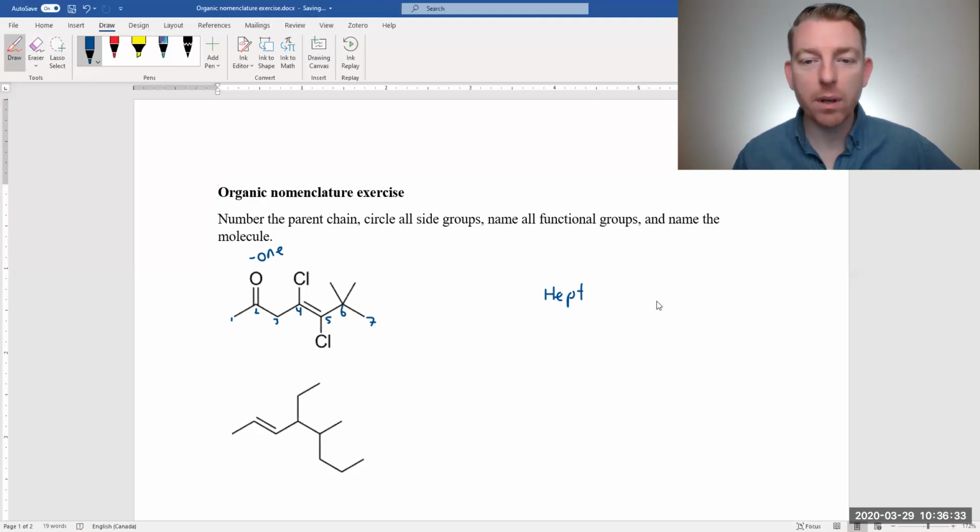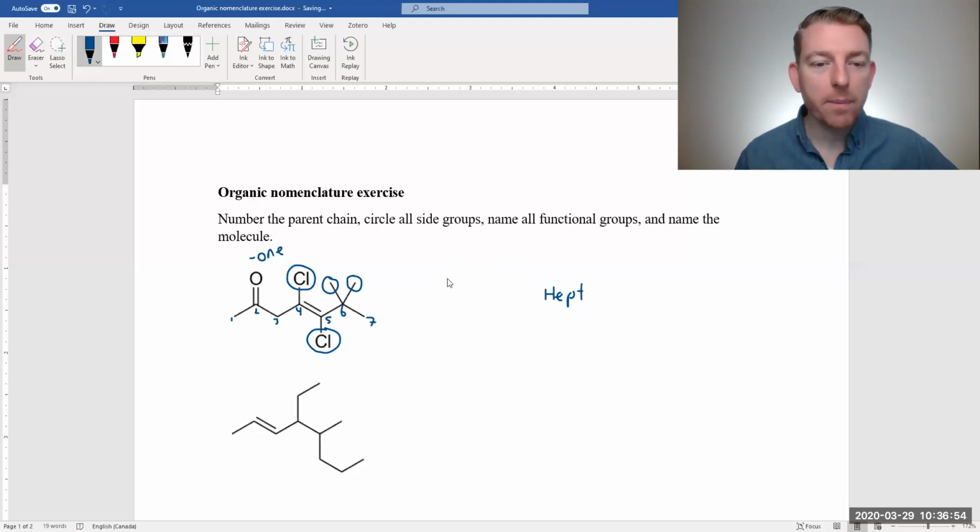And it's going to end with an O-N-E, but we'll just wave that off for a minute. Okay, so let's look at the side groups. So we have chlorine and a chlorine, as well as 2 methyl side groups.